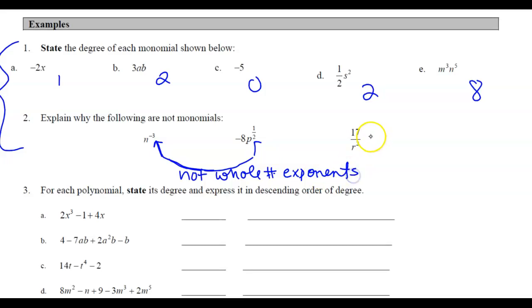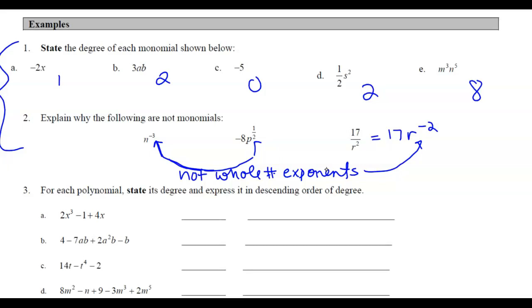And if you remember back to the last unit, this is the same as 17r to the negative 2. So same thing there. They're rational exponents, right? A half or negative, but they have to be whole number to be considered a monomial.